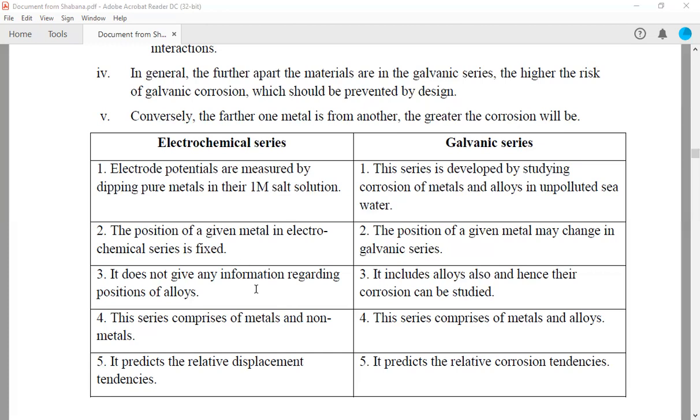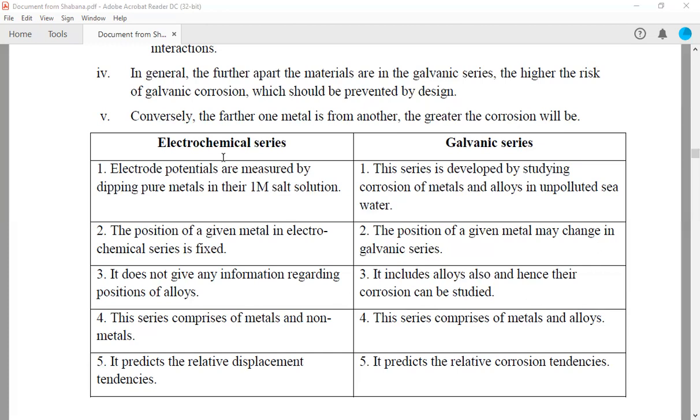The position of the metal is fixed in the electrochemical series, but the position of the alloy is not fixed. Whereas the position of the metal is different from the position of the alloy which contains this same metal in it.